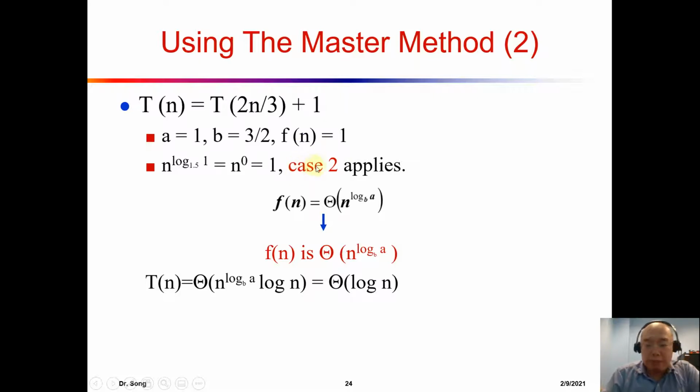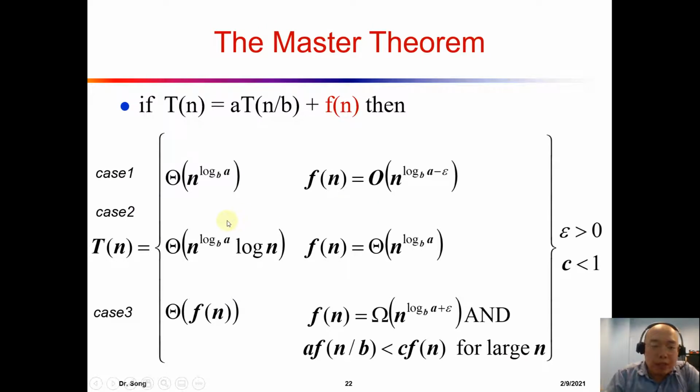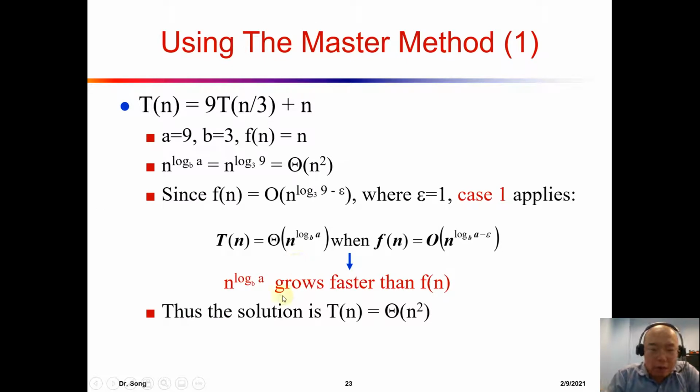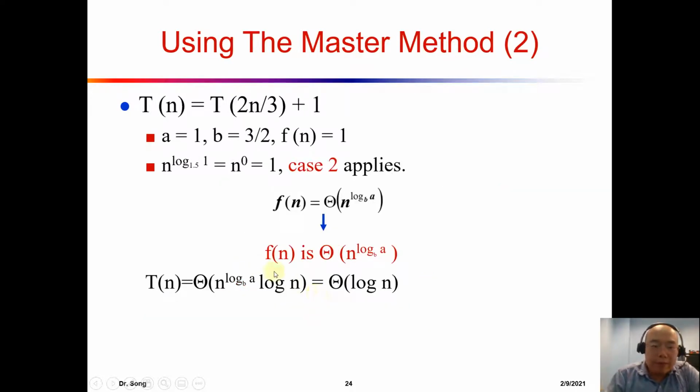So case 2 applies because Fn is a constant, and theta of n to the log_b a is also constant. So that is definitely case 2. And then how do we solve case 2? Case 2 is n to the log_b a and then log n again. Fn is theta of n to the log_b a, and that is true.